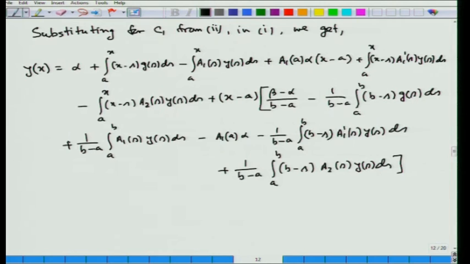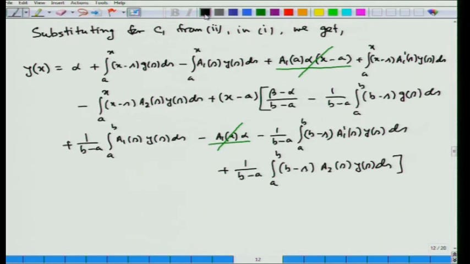Now, this x minus a times minus a 1 a alpha cancels with this one. So, these two terms, this one and this one, cancel with each other, and now our target will be to separate the integrals involving the y s term and the terms free from y s.